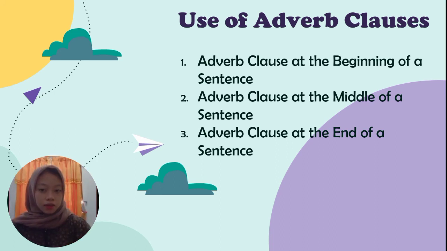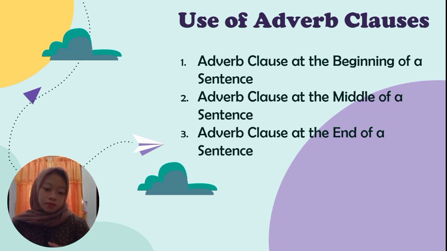Here I would like to tell you about the use of adverb clause. Using an adverb clause in your sentence is a good way to add important descriptive detail and information to your writing.